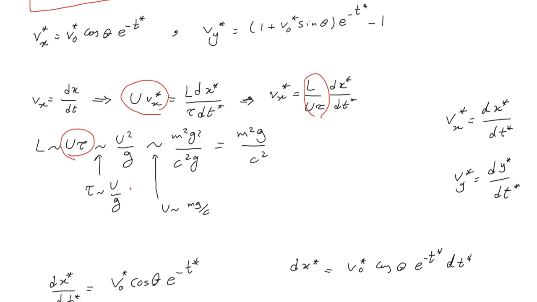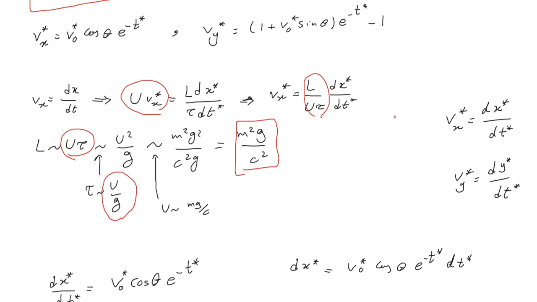If you check the dimensions or units, the right hand side and left hand side should match, right? So when you do this, L becomes U squared over g, and then U is equal to mg over c, and if we substitute, we will have L, the typical scale for the length, equal to m squared g over c squared. All right.